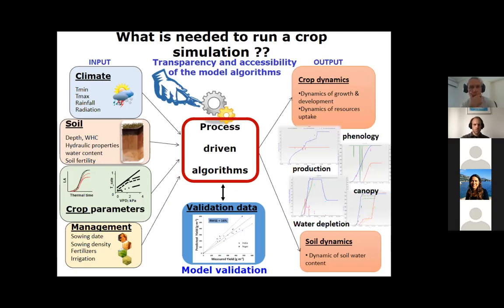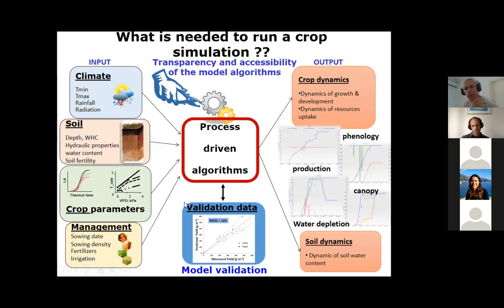I should probably have told you first what a crop model is, for those that don't know. A crop model is basically a process-driven algorithm, a set of equations put in a stack, that represent plant production as a component. It takes climate input, soil input, crop parameters input, and agronomic management input.